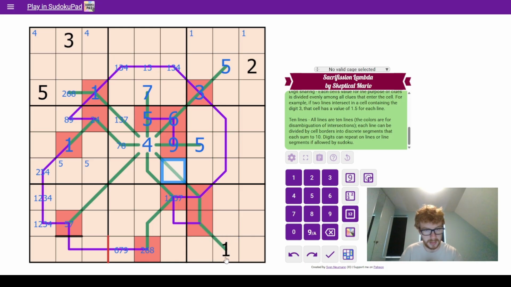So that couldn't be an 8, because then that would be 9 already. So that cannot be 8, that cannot be 8. Can this be 8? 8 plus 1 makes 9, and that couldn't be 1 as a sum. So that cannot be 8. None of these can be 8. This is the only place 8 can go. So we know that's 1, so that's 2, then that's 1, so that's 9.